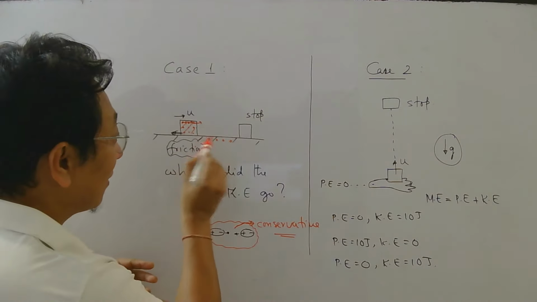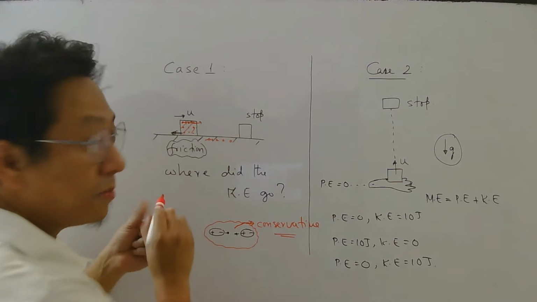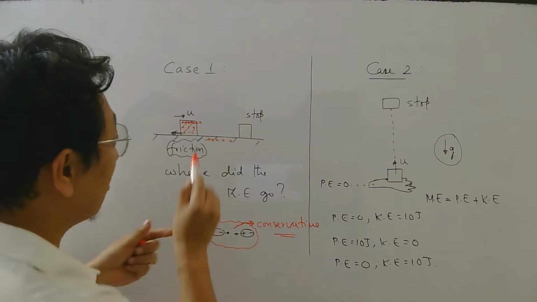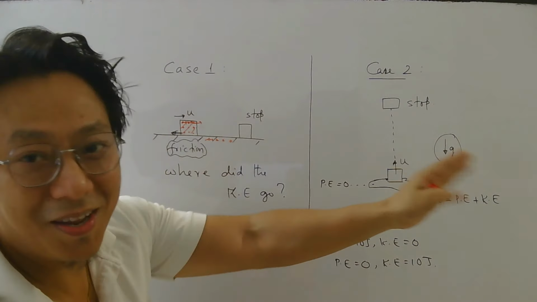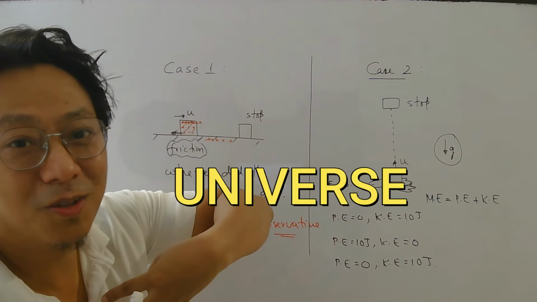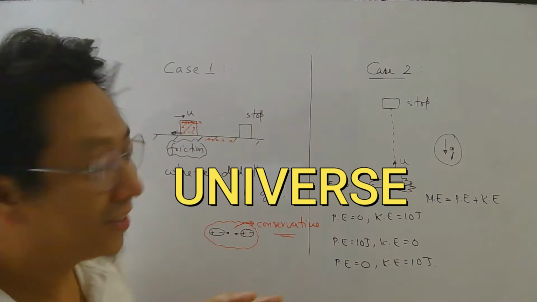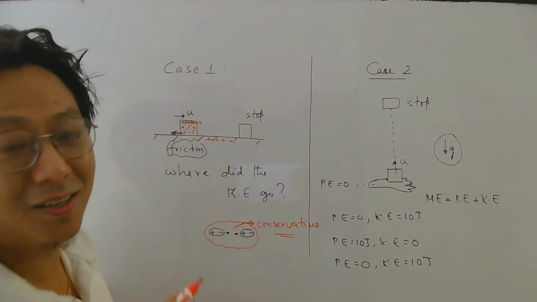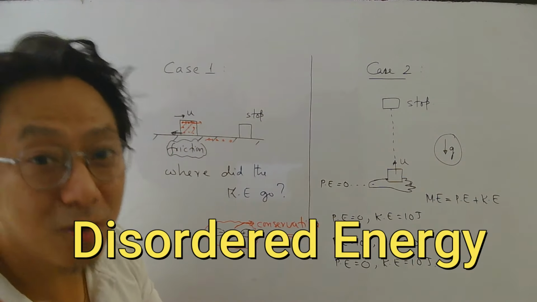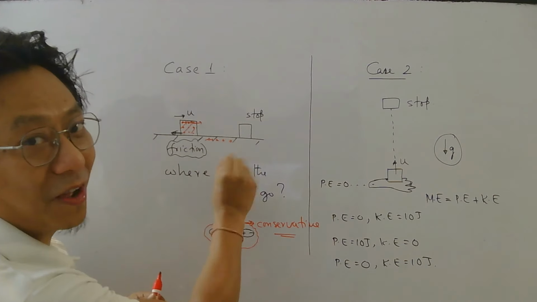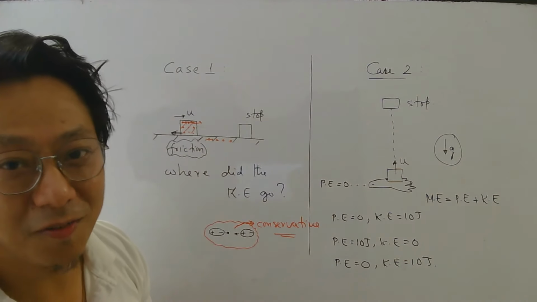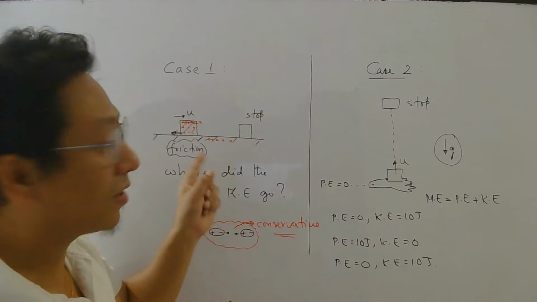And that kinetic energy keeps getting transferred from atoms to atoms to all the remaining atoms, and then it is lost to the universe, right? So that ordered kinetic energy is lost into disordered kinetic energy in the form of these random vibrations and motion of the molecules of the block and the floor.